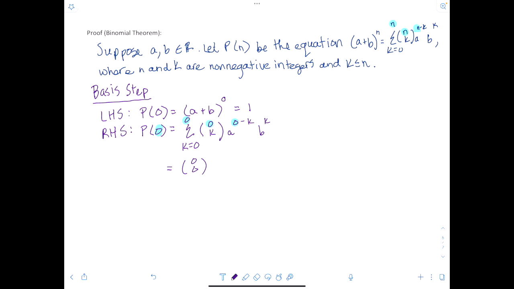So 0 choose 0, a to the 0 minus 0, b to the 0, which is going to be 1 times 1 times 1, which is 1. And so that checks out. The basis step is true.